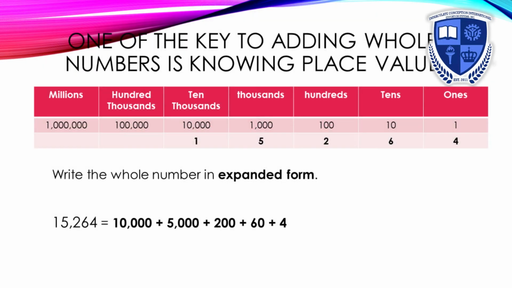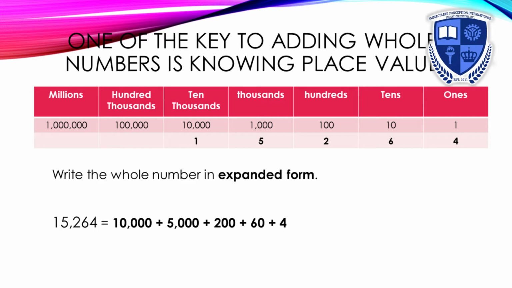Now, one of the keys to adding whole numbers is knowing place value. Starting with the rightmost digit of a whole number, you have ones, tens, hundreds, thousands, 10,000s, 100,000s, and millions. So for example, class, write the whole number in expanded form to represent the place value of each digit.